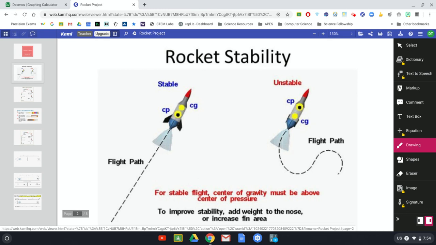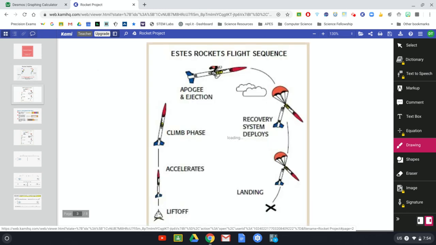Now, in addition to thinking about the stable flight of the rocket, we also want to think about the flight sequence. As the rocket takes off, the engines propel it. That's our solid rocket fuel, and they propel it into the air.